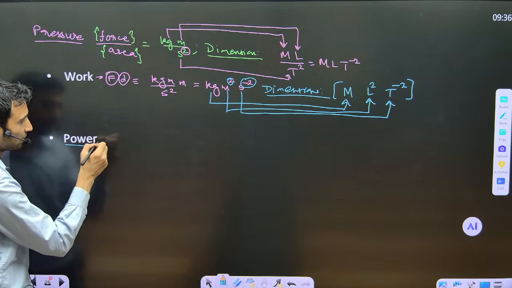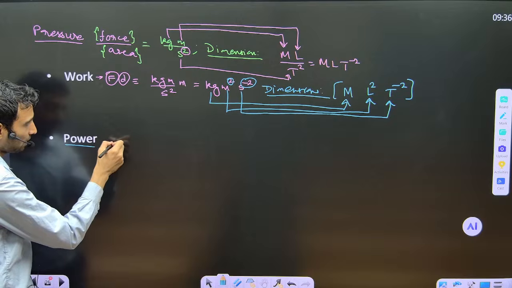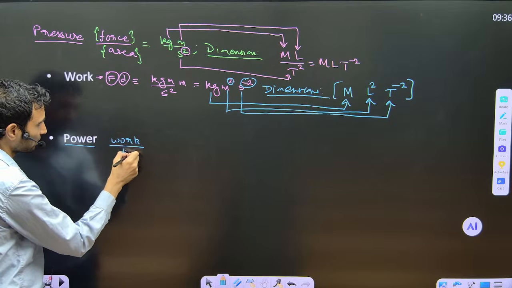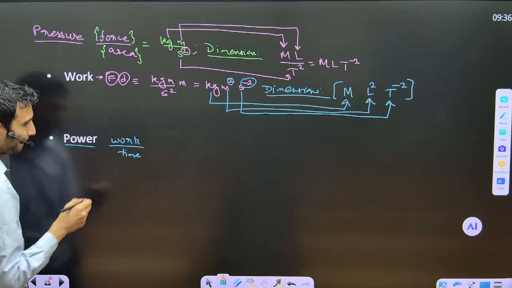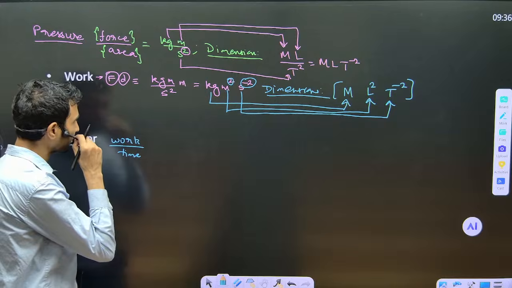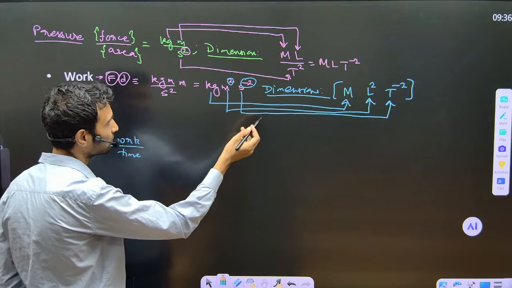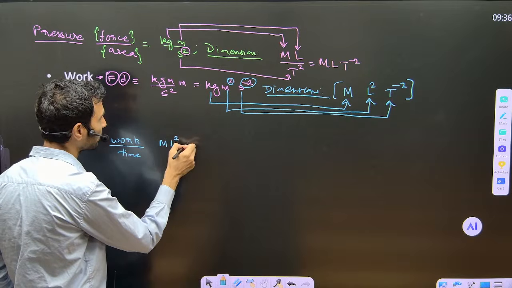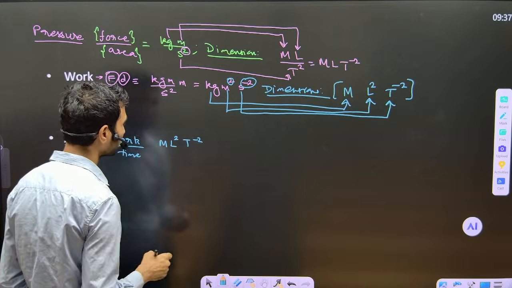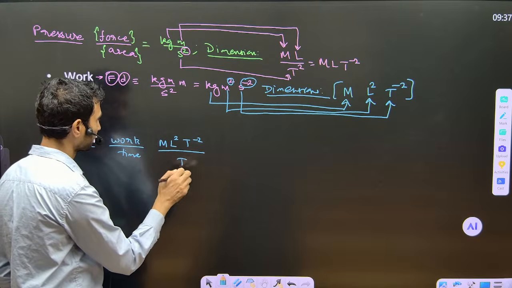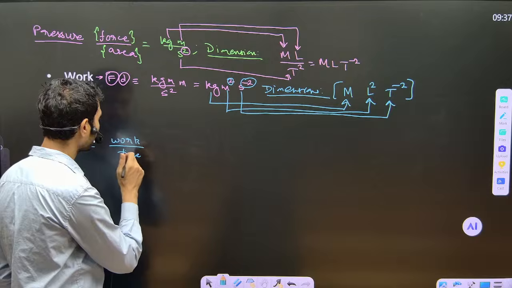Then you have power. Power is work upon time. And work we just saw, ML square T minus 2 upon time. Sorry, you have to write the units.